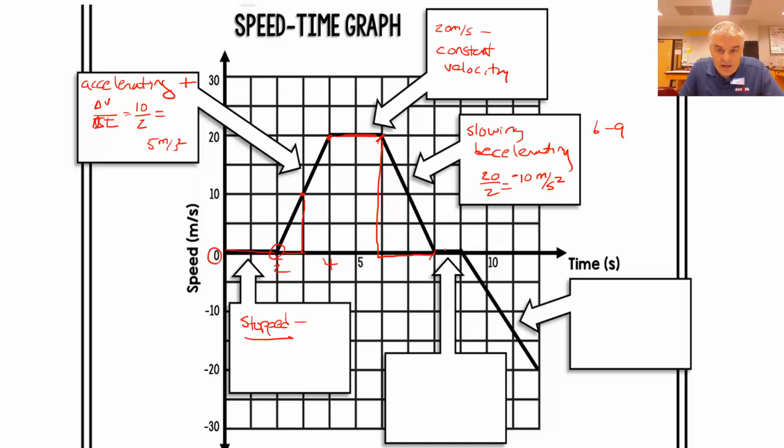And then what's happening right here during this juncture? He's stopped again. So he's come back to 0, and as he's 0, if it's flat at 0, he's stopped. So he stopped his car, or whatever it is. And at this point, now what happens from here to here? He is now moving at a constant velocity.